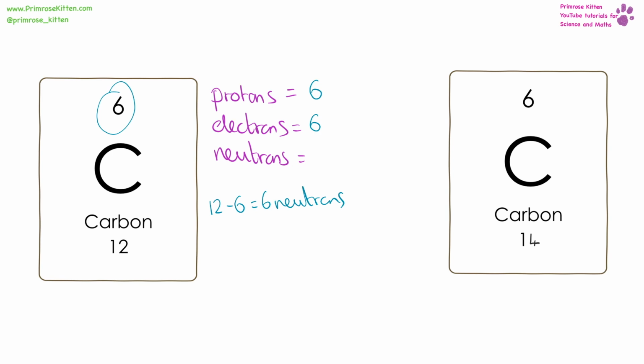And for carbon-14 it is 14 minus 6, giving us 8 neutrons. So an isotope is something that has the same number of protons but a different number of neutrons. And a proton is what identifies the identity of an atom.